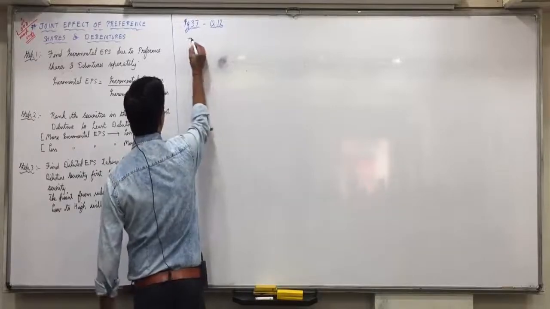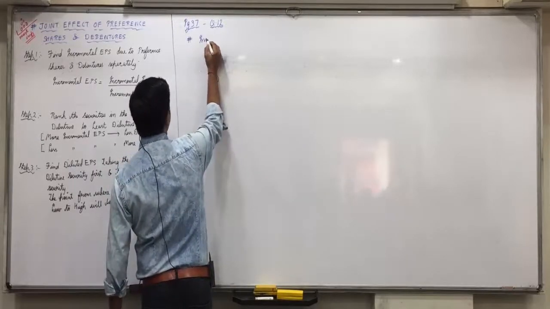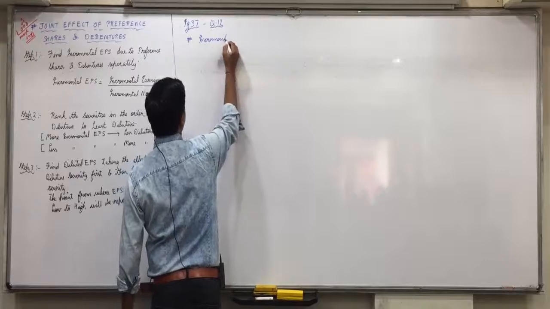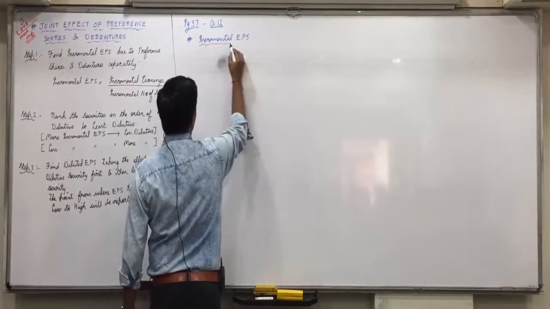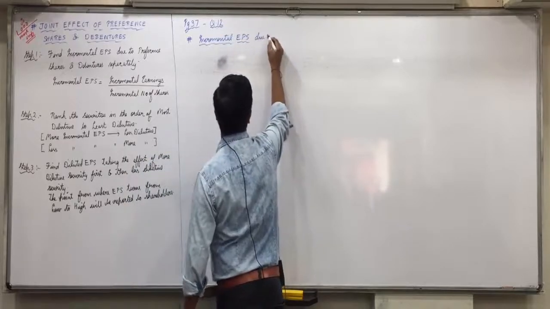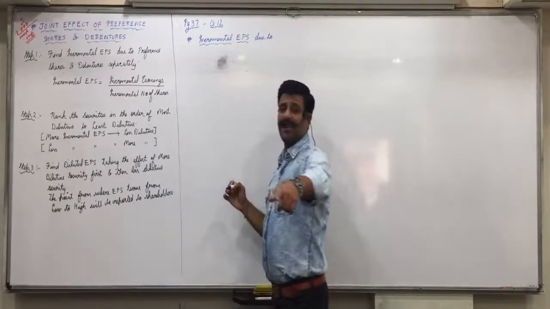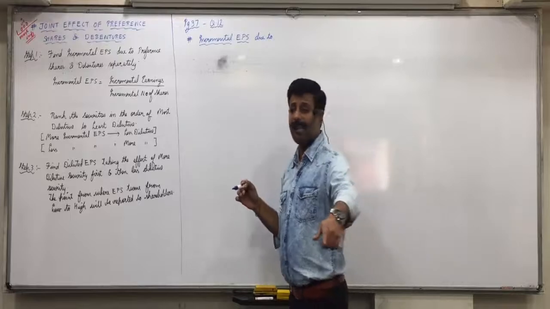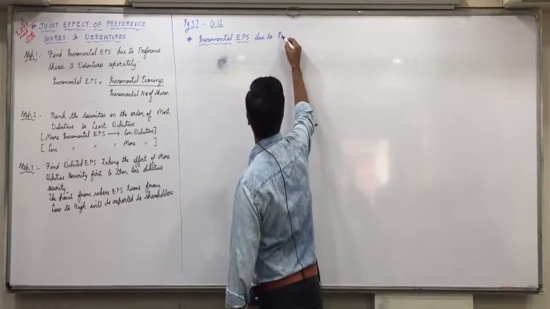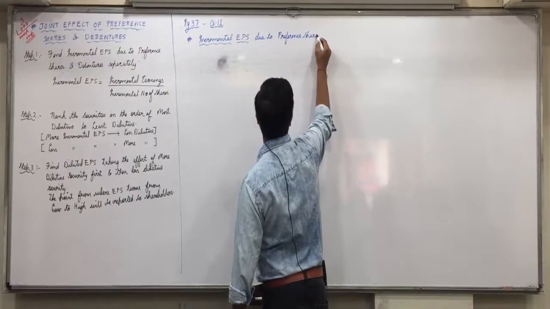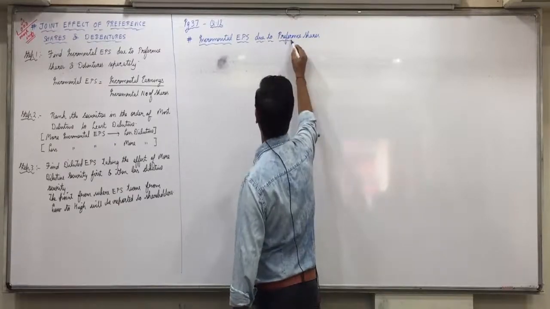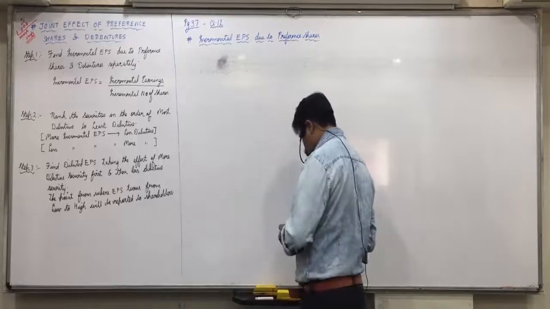First, give the heading incremental EPS. Due to which information is given first in the question, preference or debentures? So let us take due to preference shares first. Incremental EPS due to preference shares.